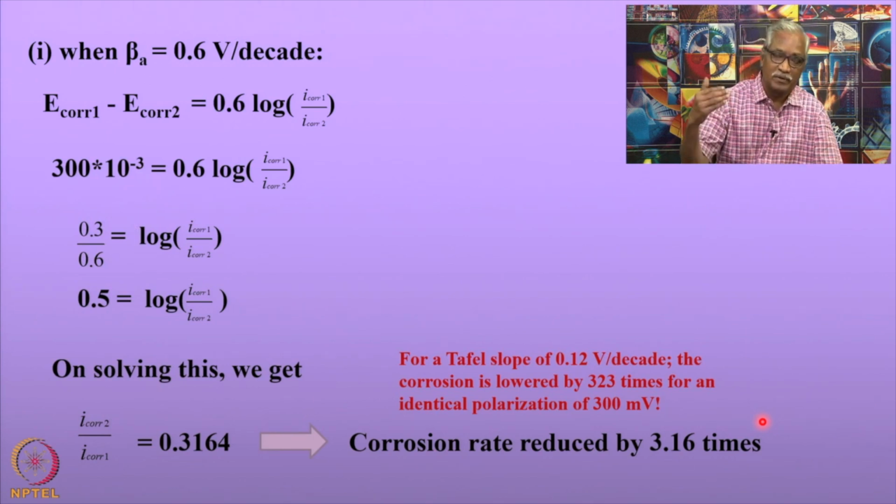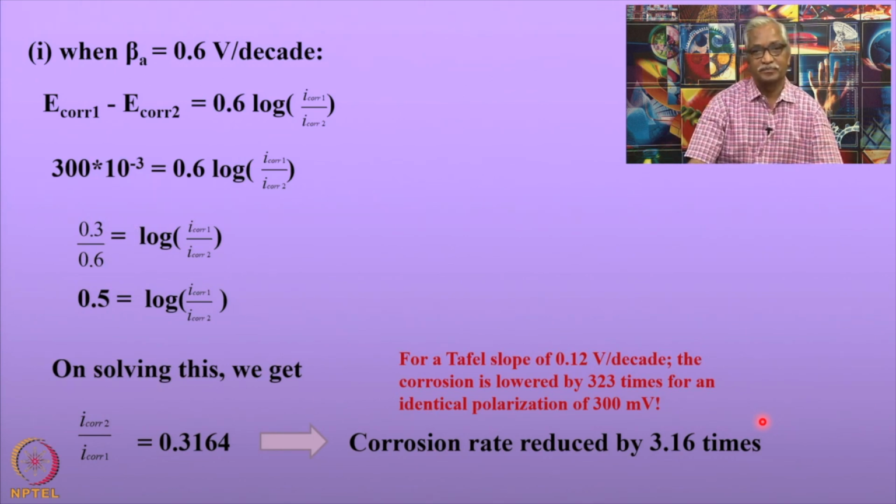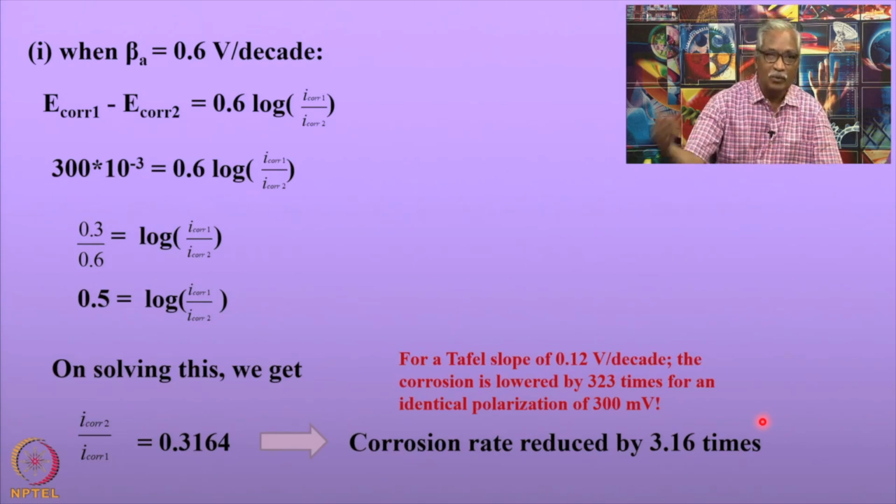So, when you talk about cathodic protection criteria, let us say the 100 millivolt criteria is very good, but we should also know that the extent to which the pipeline gets protected from corrosion also depends upon the Tafel slopes.